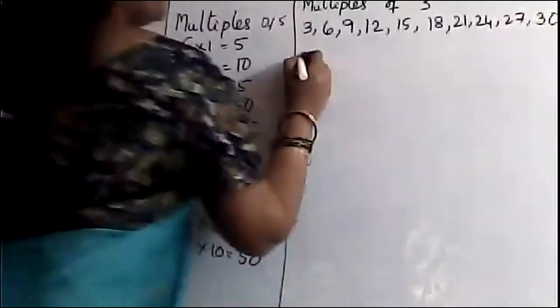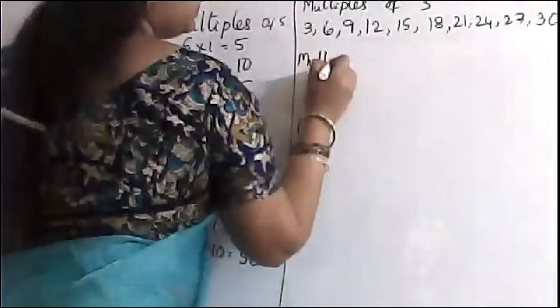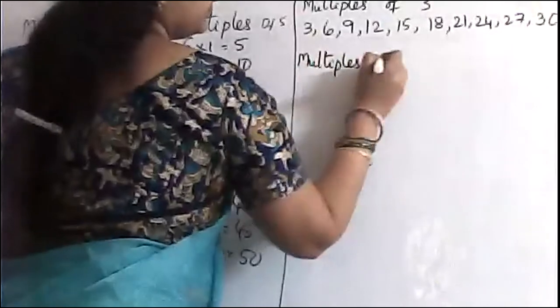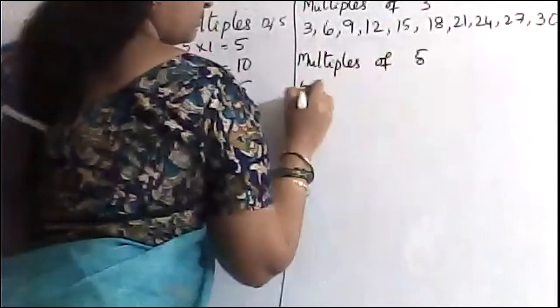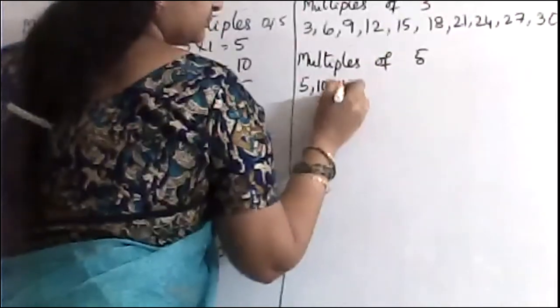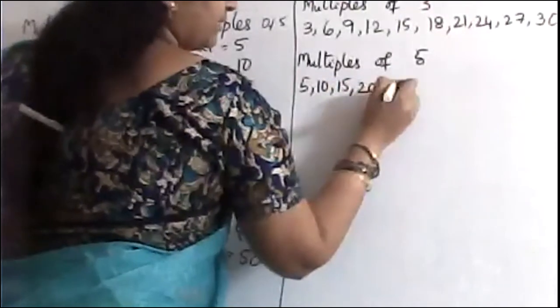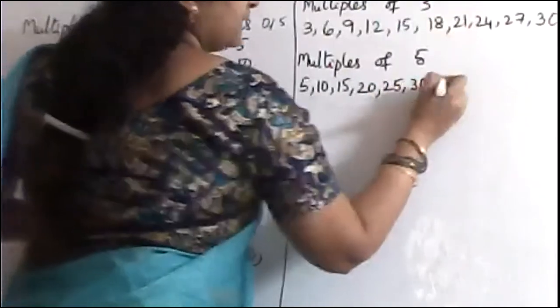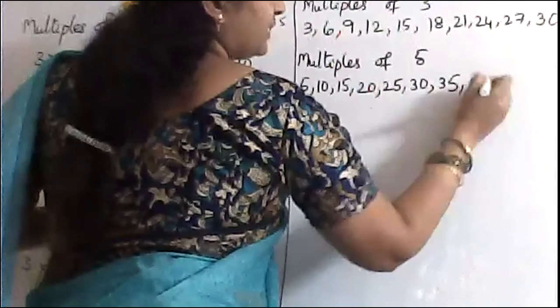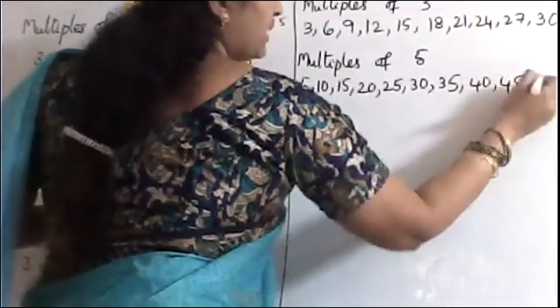Now, multiples of 5: 5, 10, 15, 20, 25, 30, 35, 40, 45, 50.